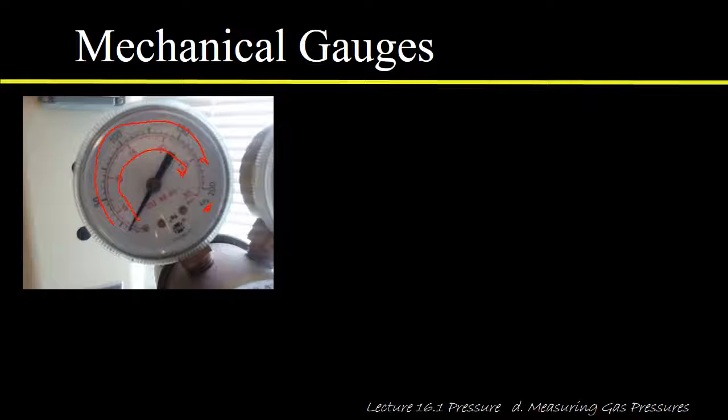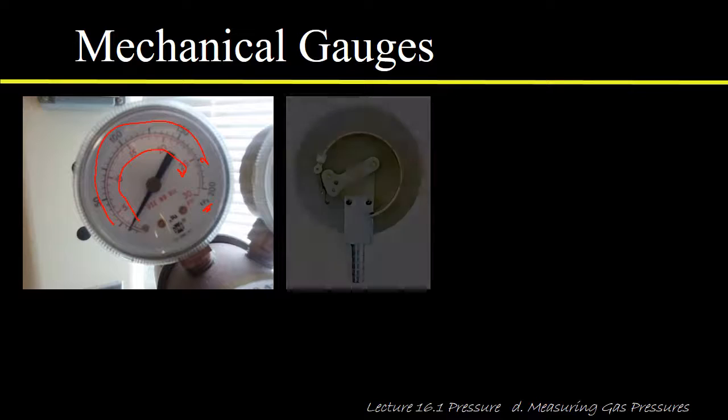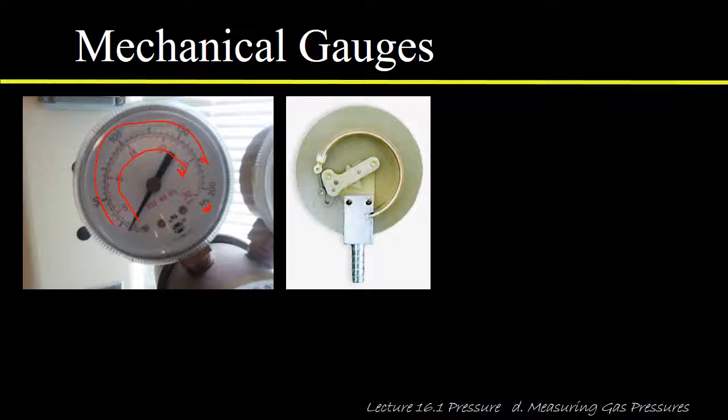Okay, and usually gauges, for some reason, have two different sets of units on them. So that's not very uncommon. That's pretty typical. But if you take this gauge here and unscrew it and look at all the guts in the back part of the gauge, what you'll see is something that looks like this.